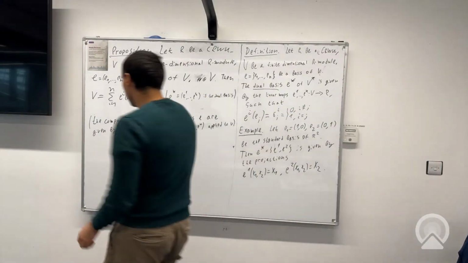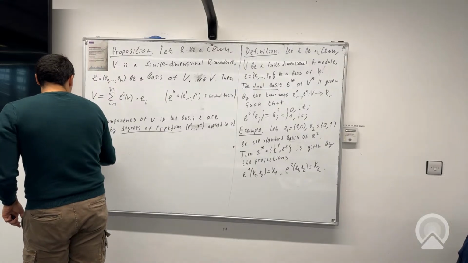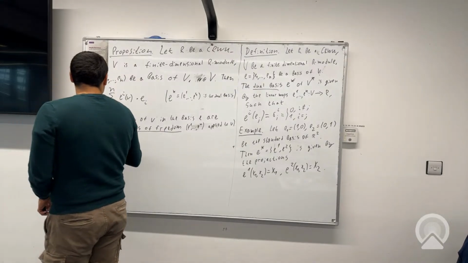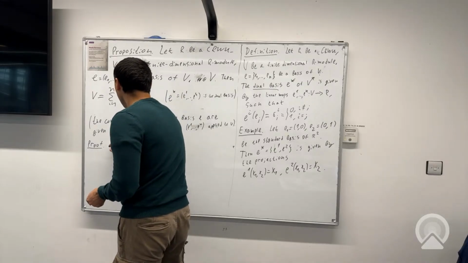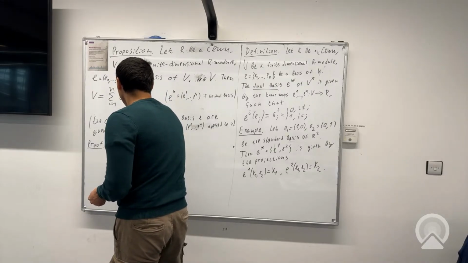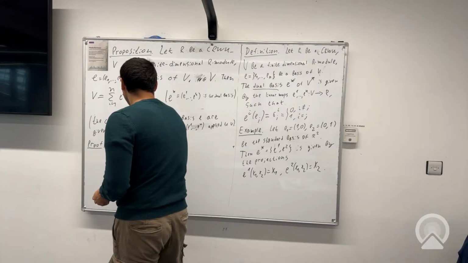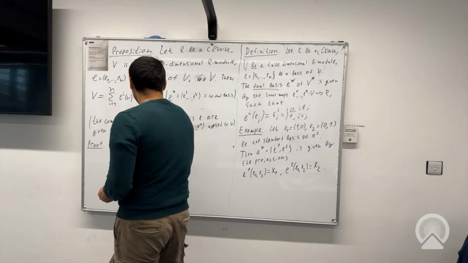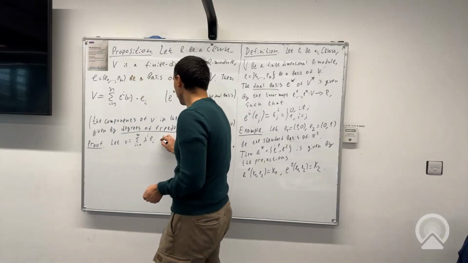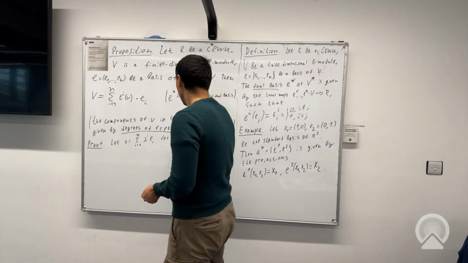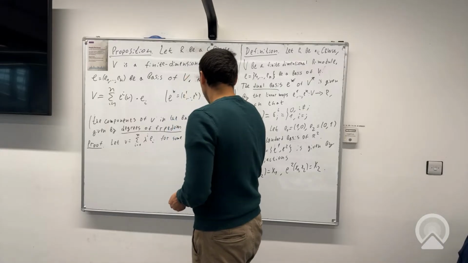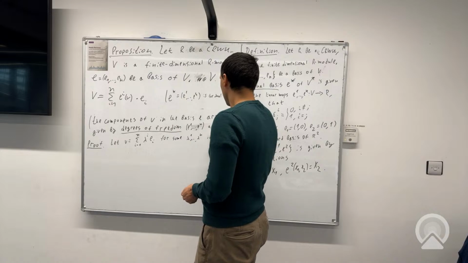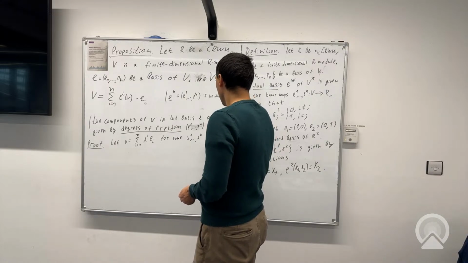Let's give some, maybe not fully rigorous, idea of proof. Let v equal the sum of lambda^i E_i for some lambda^1, ..., lambda^n in the ring.